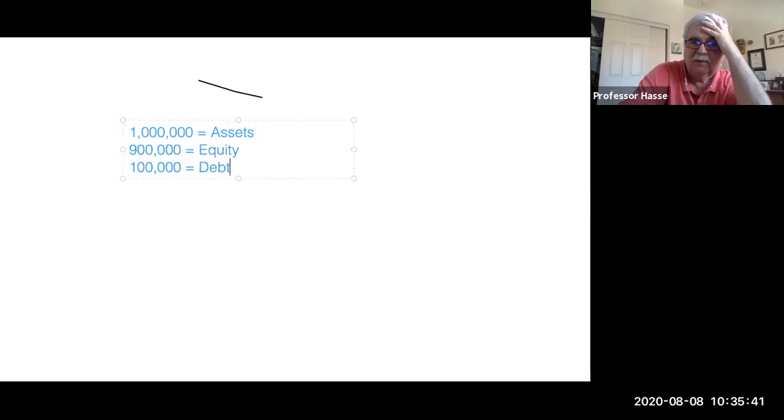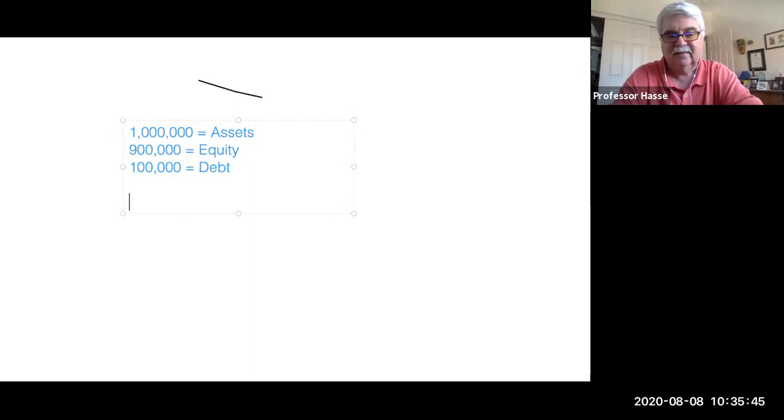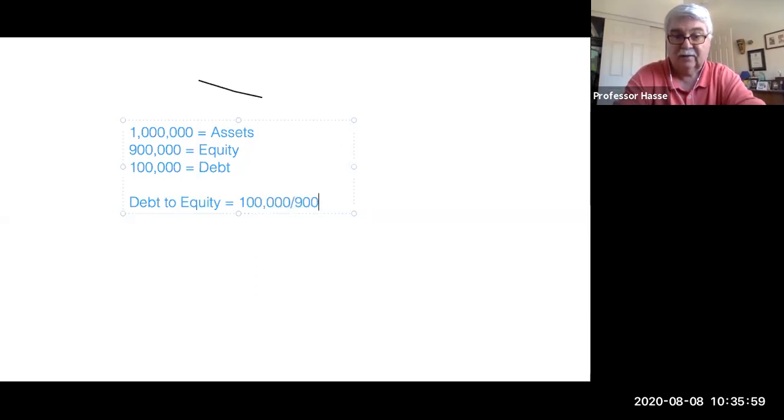Okay, cool. But let's say I don't give you those dollar amounts, and I tell you that the debt to equity relationship is equal to 100,000 divided by 900,000.